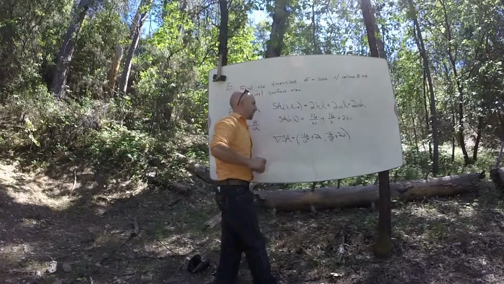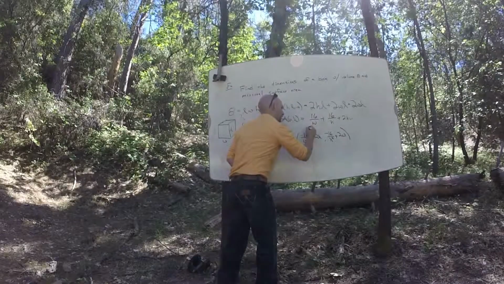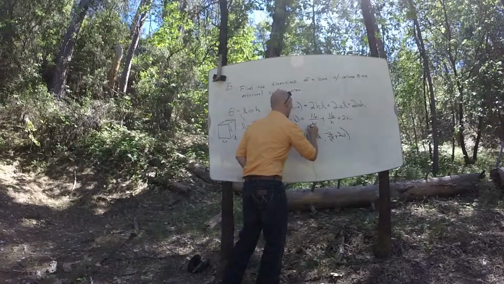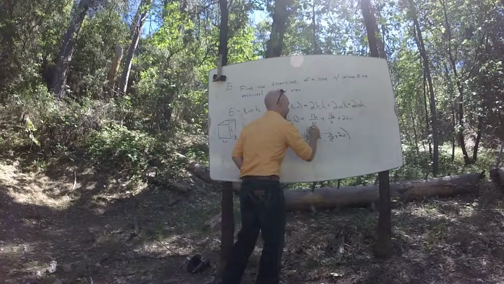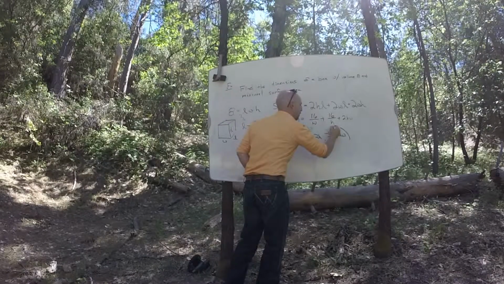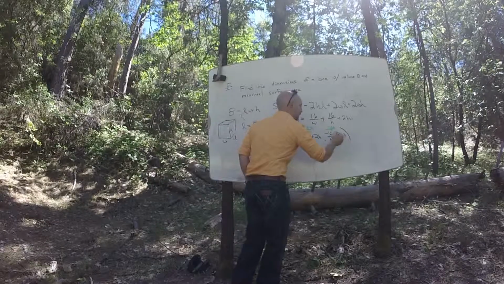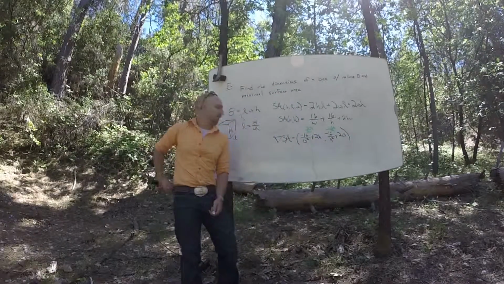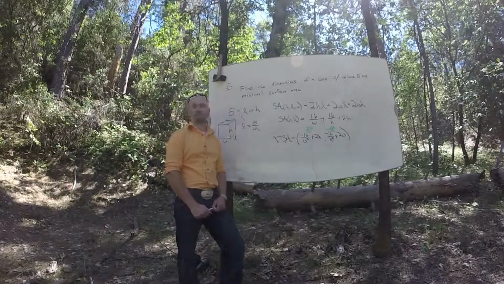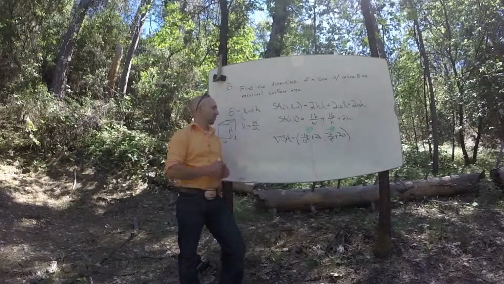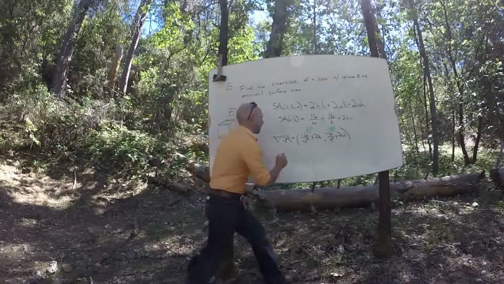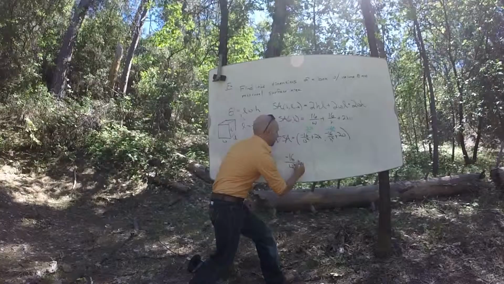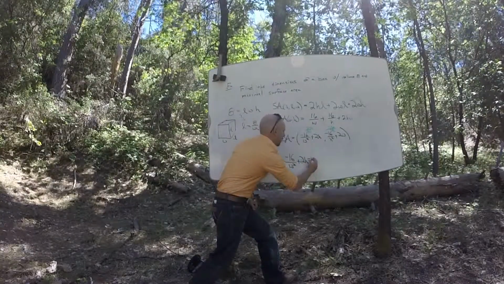That was the partial of surface area with respect to W, and the partial of surface area with respect to H. Then what do I do with this information? Set it equal to 0. So I got minus 16 over W squared plus 2H is 0.